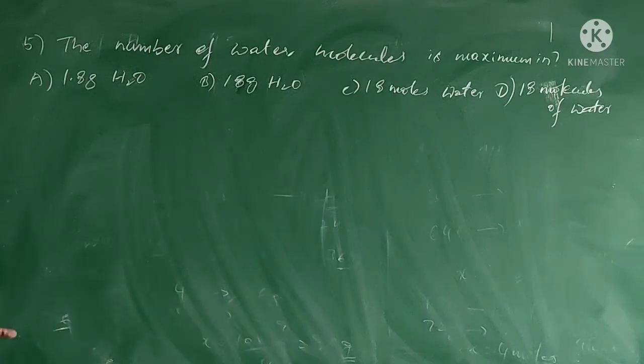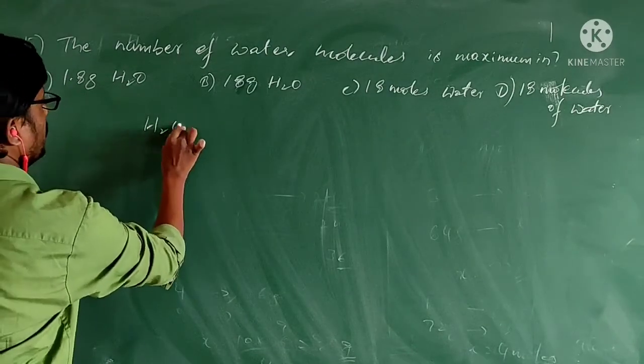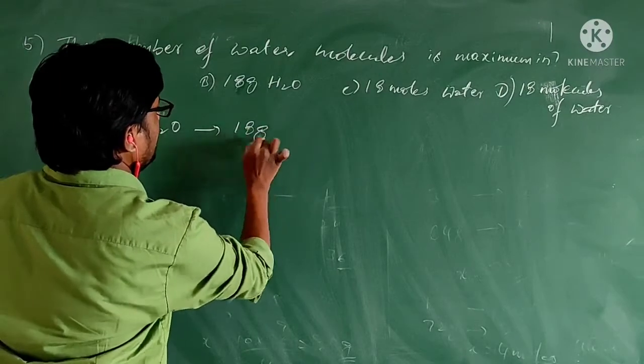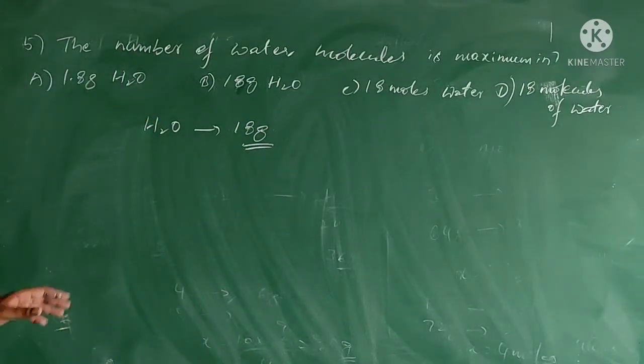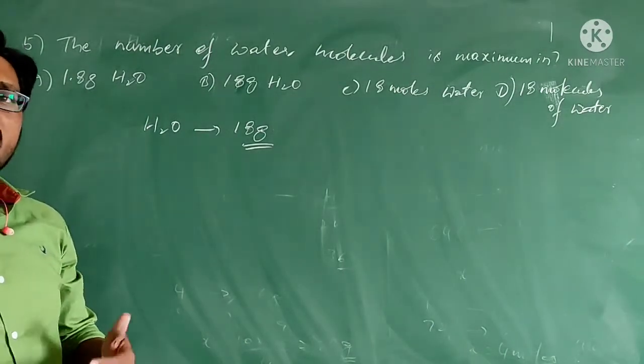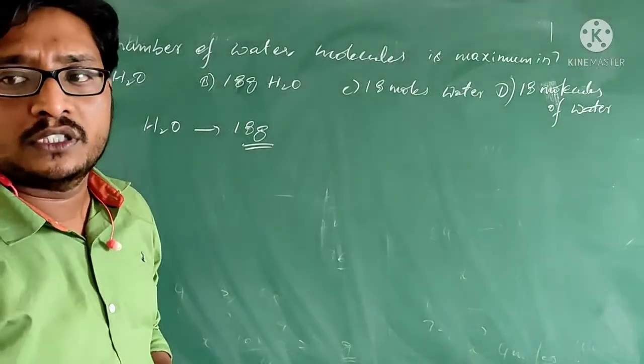To find that, first let us see the molar mass of water. H2O, you know the molar mass of H2O is nothing but 18 grams. I am converting these grams also into moles so that I will know which will have more number of molecules.